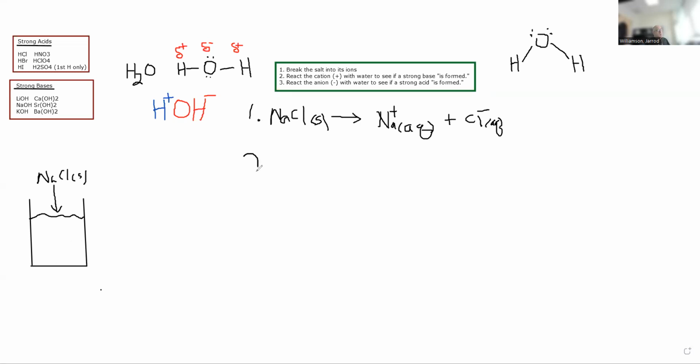But you know what? Sodium ions have a positive charge. And if they have a positive charge, they'll be attracted to things that have a negative charge. And we're thinking of water as H plus OH minus, right? And so we've got H plus OH minus.